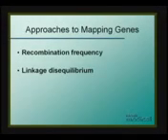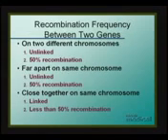There are basically two major approaches to using these kinds of DNA markers and other genes for the mapping of genes. These two major approaches involve determining recombination frequency, and also the other approach is to measure the amount of linkage disequilibrium. Let's look at the recombination frequency approach first. The idea behind using recombination frequency is this.